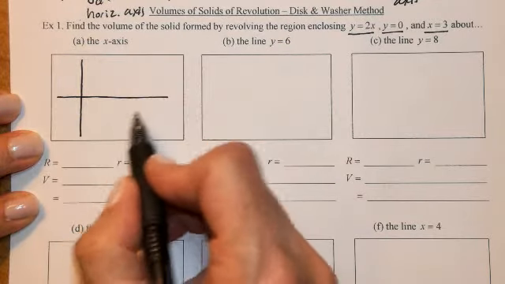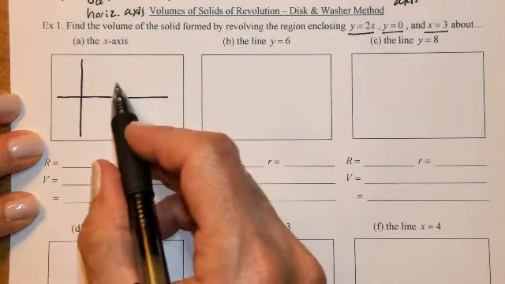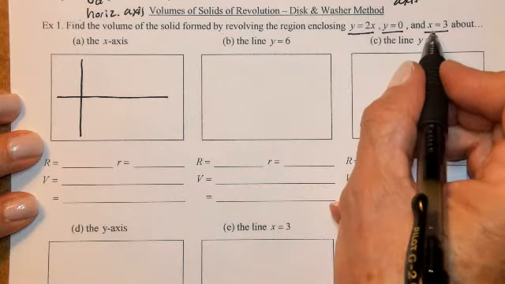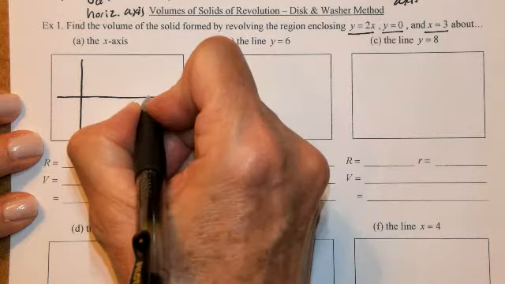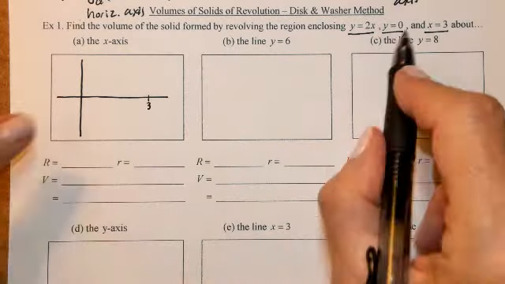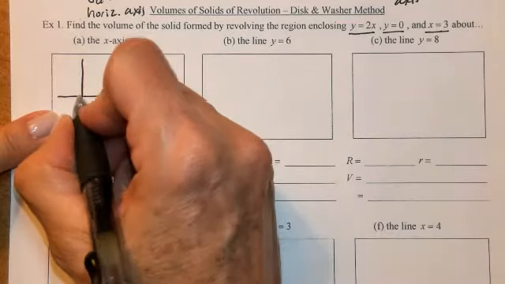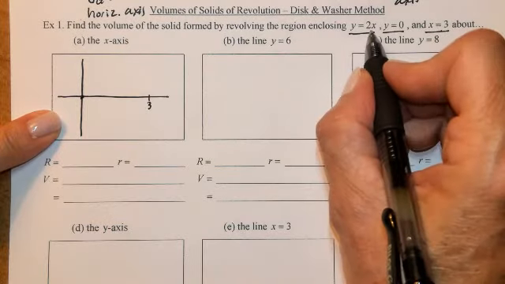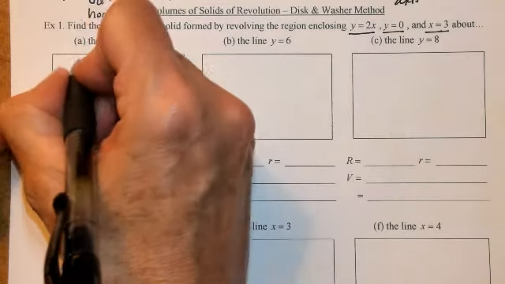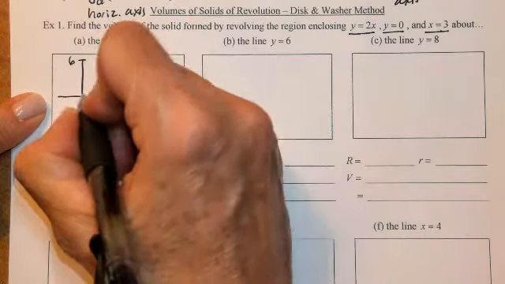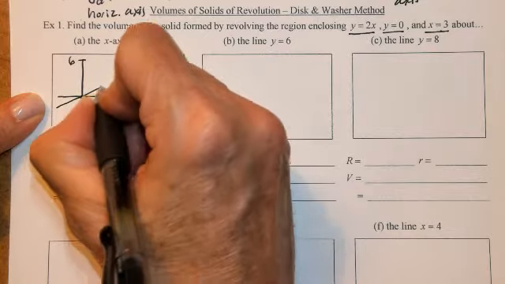I want to give some room under the x-axis to revolve this, okay? So y equals 2x, x equals 3. Let's put that x equals 3 out here, okay? We go through the origin, and then when x is 3, y is 6. So let's just call this 6 up here. It doesn't have to be to scale, right? Let's call that 6. So this line looks like this.